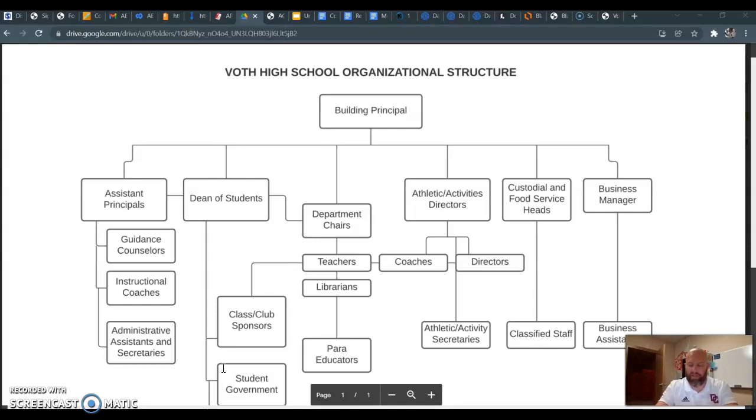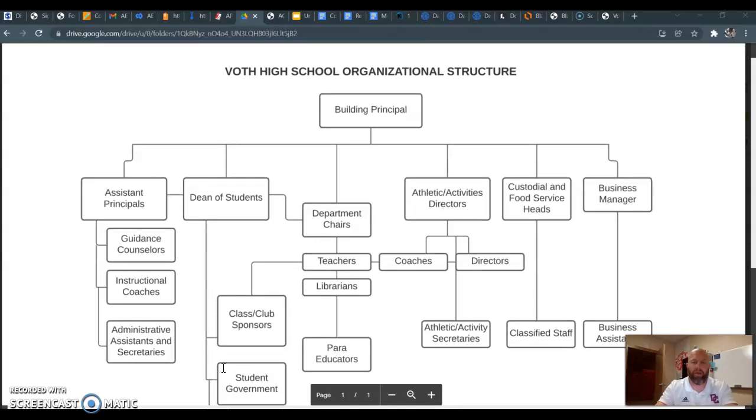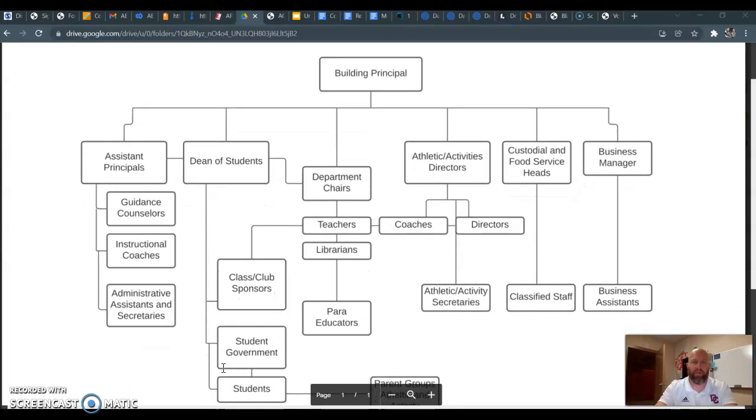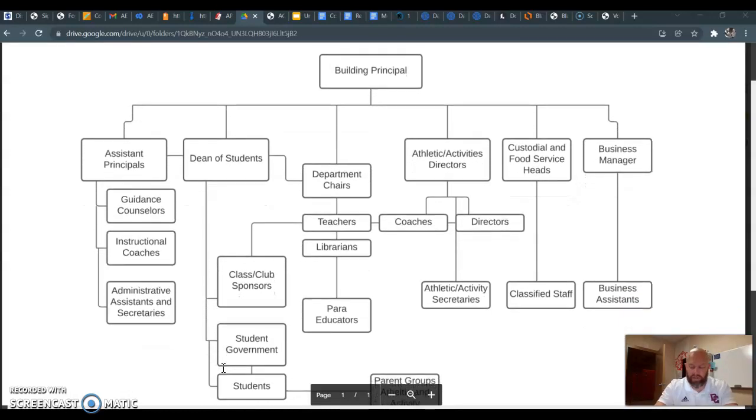All are obviously valuable to the function of a school on a daily basis, and they answer directly to the principal. They are also leaders in charge of those under them. I tried to place each entity on a level plane if I felt they should have the same hierarchical power, so to speak.